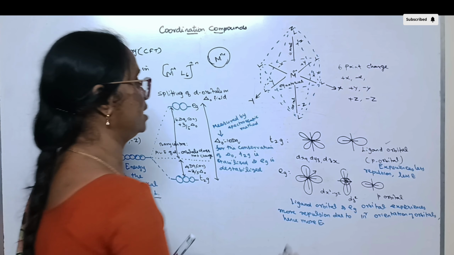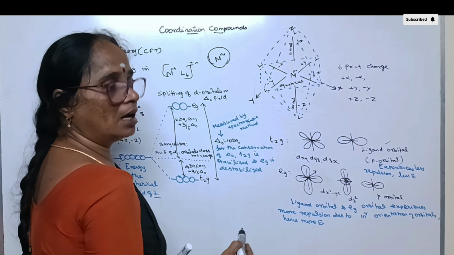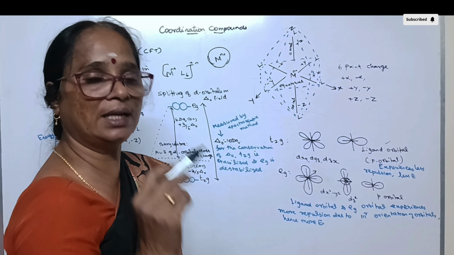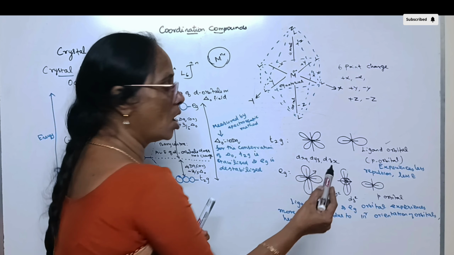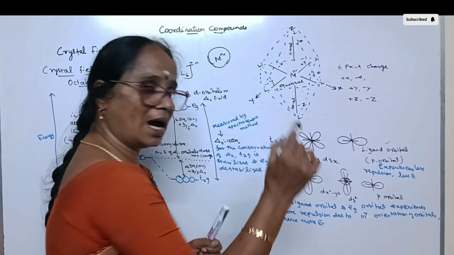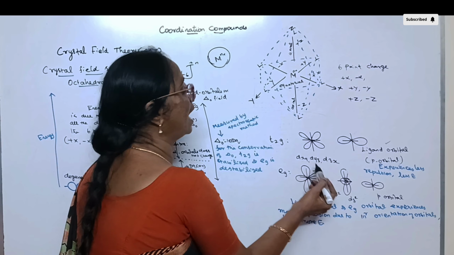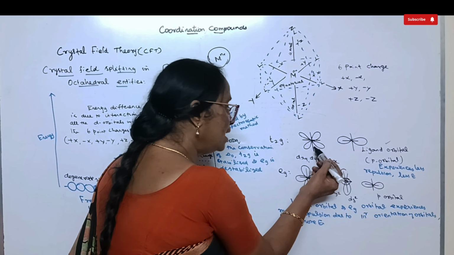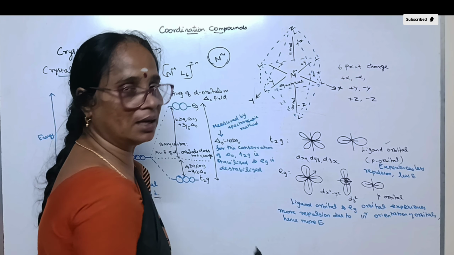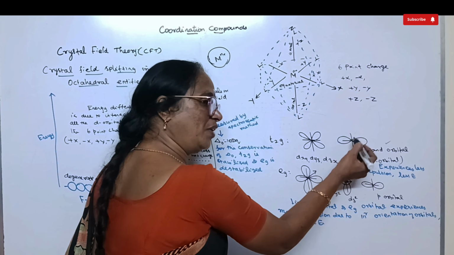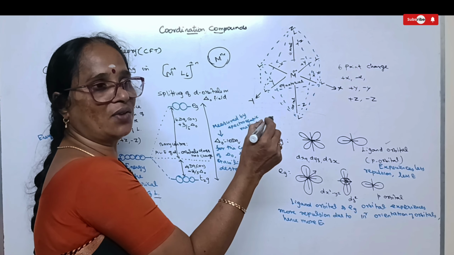How does it take place? We know the T2g set of orbitals have the same orientation: dxy, dyz, dzx. All of them have their four lobes in between the axes. When this d orbital is approached by a ligand orbital, the ligand orbital is a filled orbital, and this d orbital can also have electrons in it.